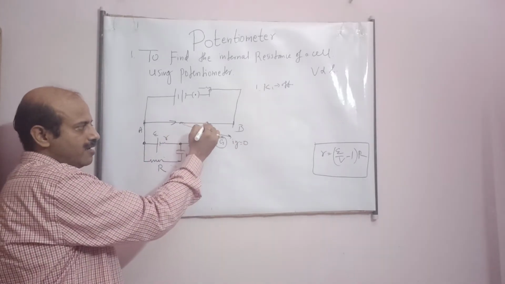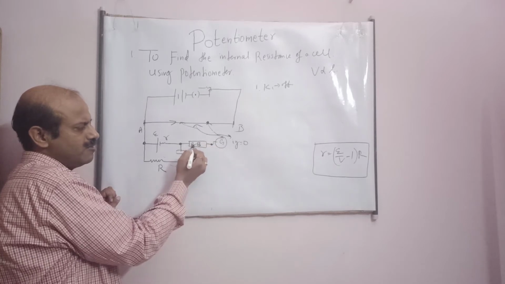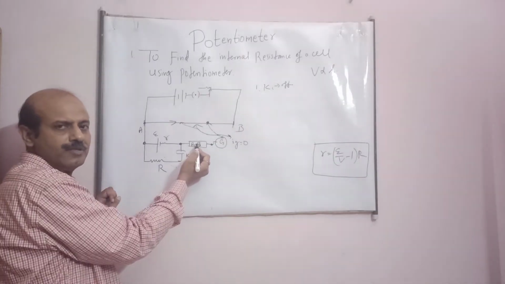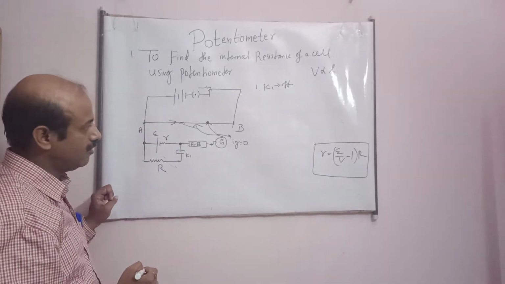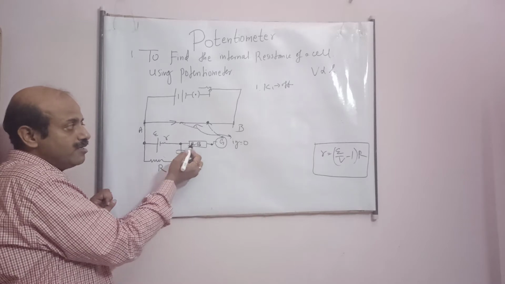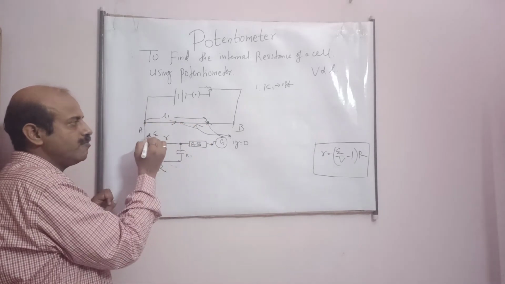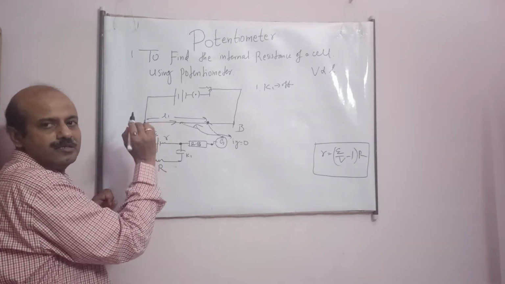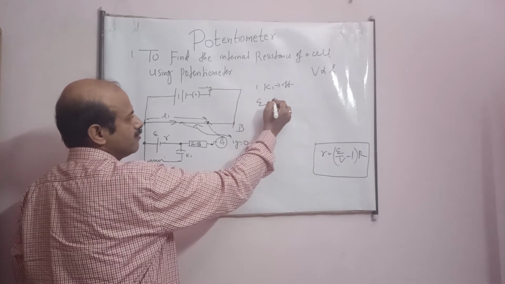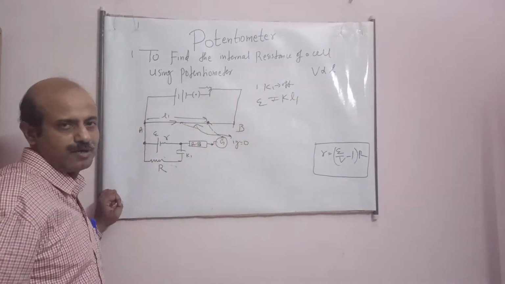The potential here is the same as the potential here. This first is used in the starting and then I will put it back. After that there is no use. So now this key is off, student. We have already seen this length L1 balances the EMF of the cell. I will measure this length. So I will get E is equal to K L1.